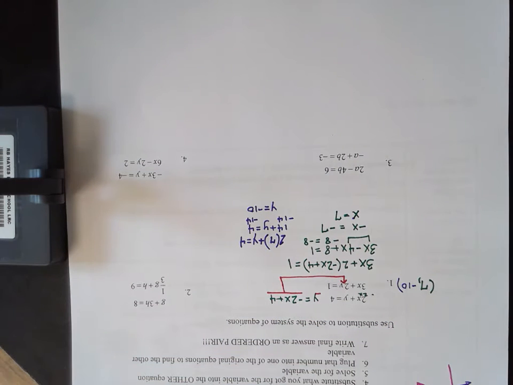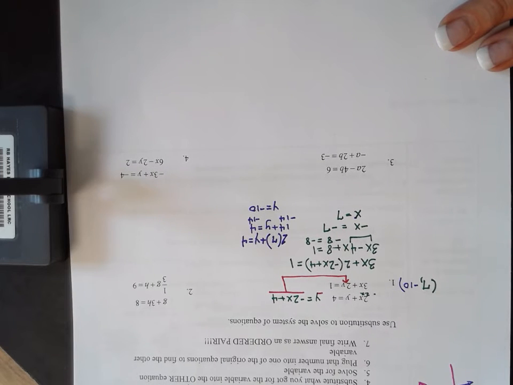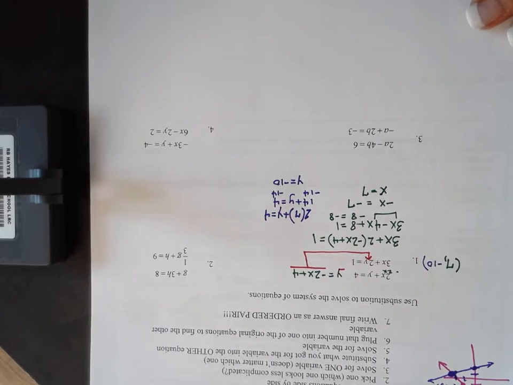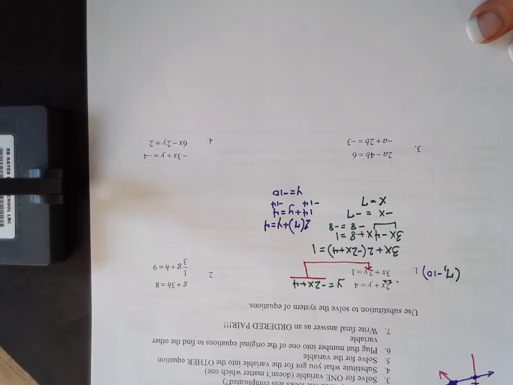And so my answer is 7, negative 10. So you can just put it back in that one. Yep, you can.